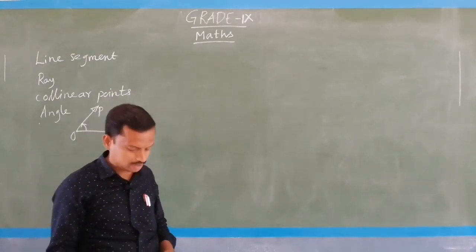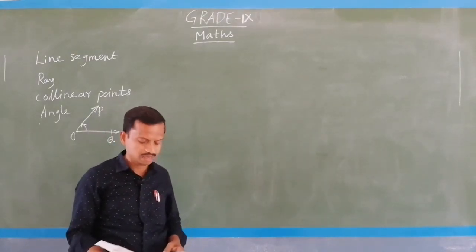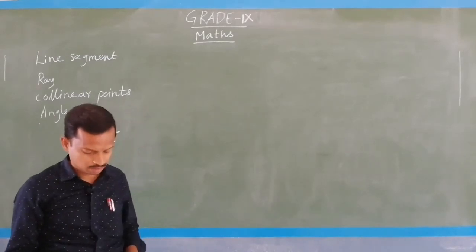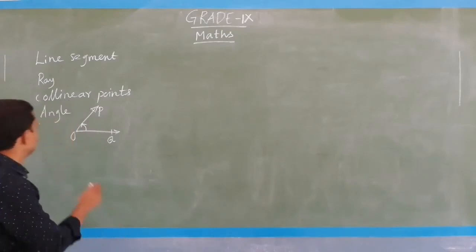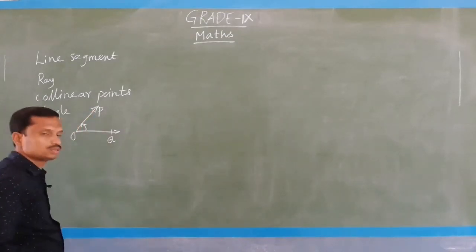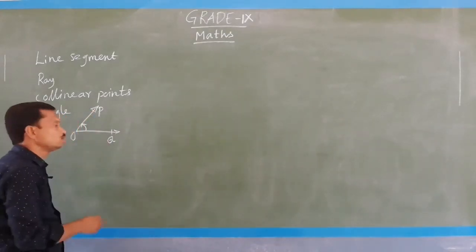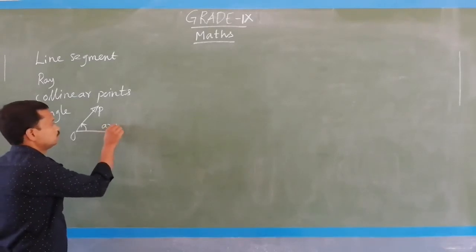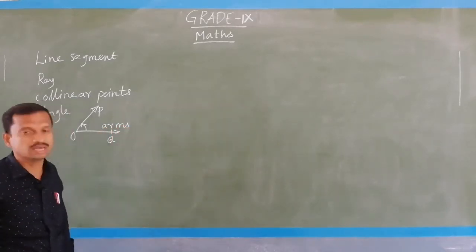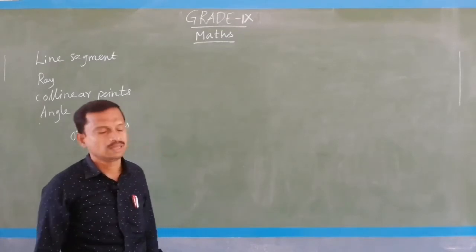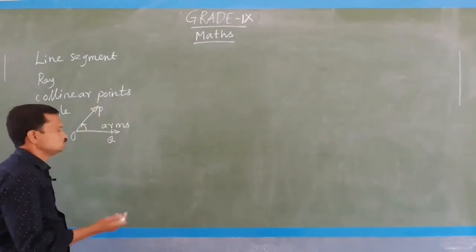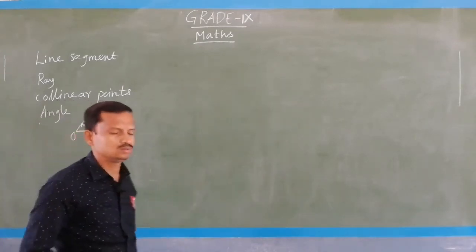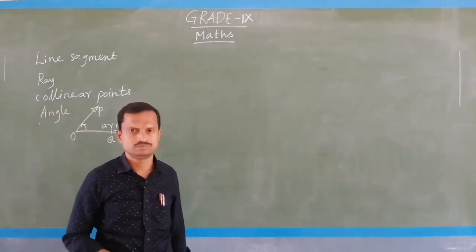And then the rays making an angle are called arms of the angle. OP, OQ are the rays and they are called arms. So each ray is an arm. This is one arm, this is another arm. Generally, two rays you can say two arms.